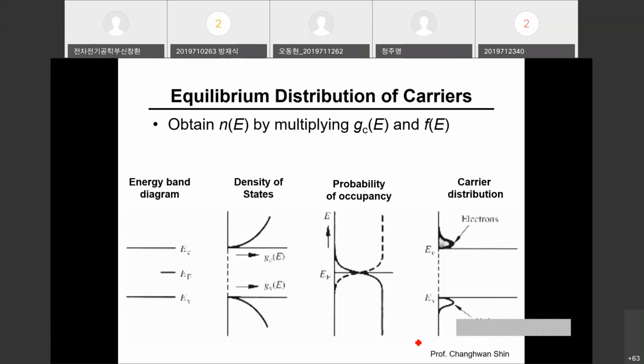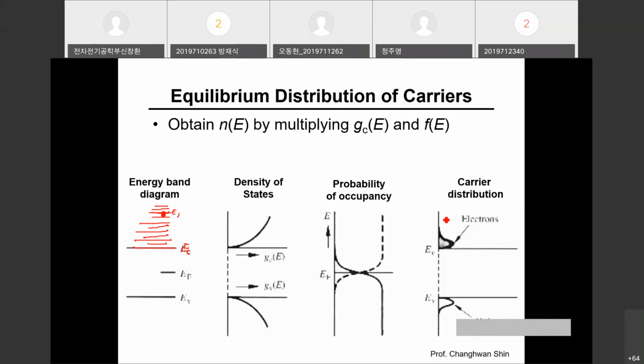So again, on the left-hand side, you can see that for a certain energy state in the conduction band, here is E sub C, right? So there are many energy states. There are many chairs in a row in a baseball stadium, okay? So at this specific energy level, how many electrons can be found here?